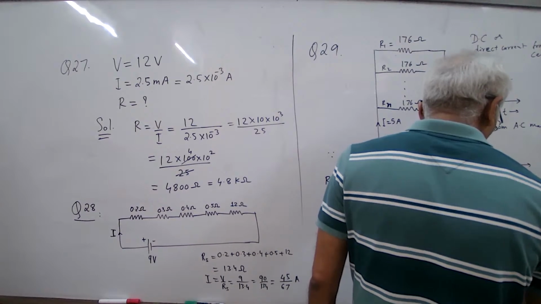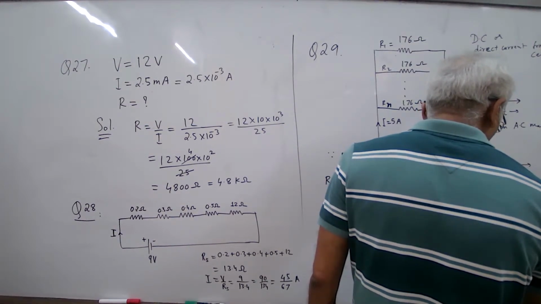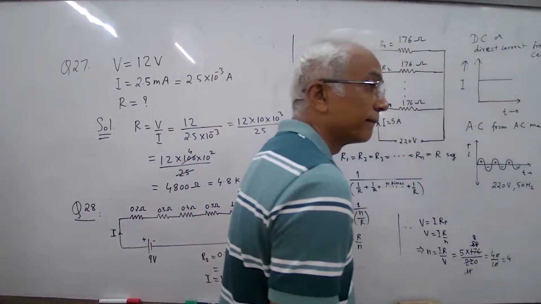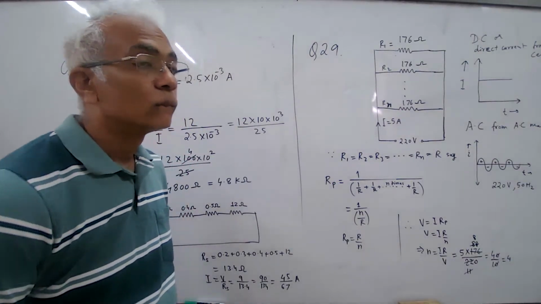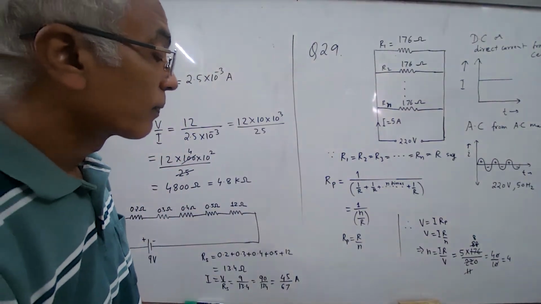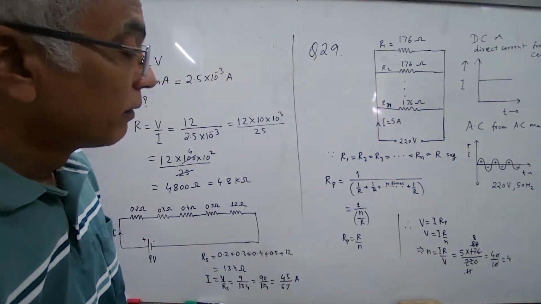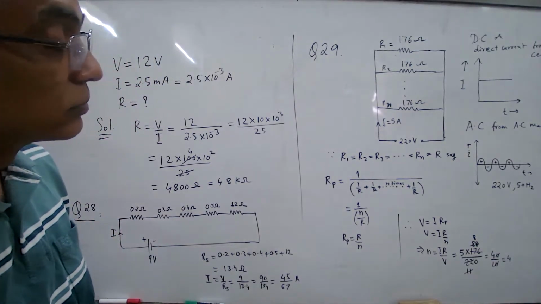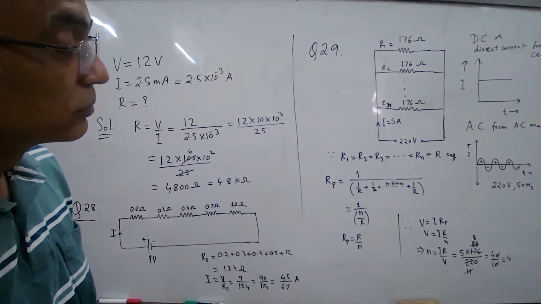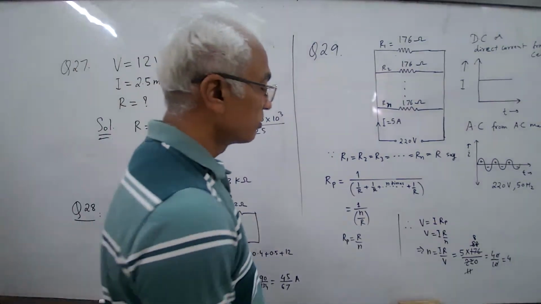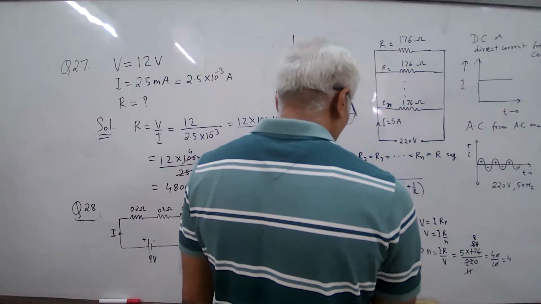We find the resistance by Ohm's law, and then figure out how many resistors are there. You can do it other ways, but you have to follow this relation. Only then can you calculate.